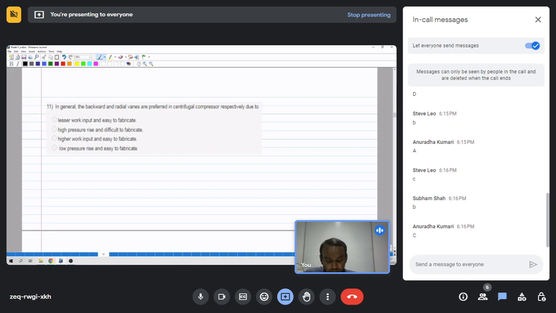In general, which vanes are preferred in centrifugal compressors: backward and radial respectively due to less work input and easy to fabricate, high pressurized and difficult to fabricate, high work input and easy to fabricate, or low pressurized and easy to fabricate.